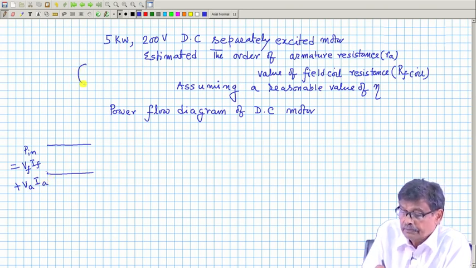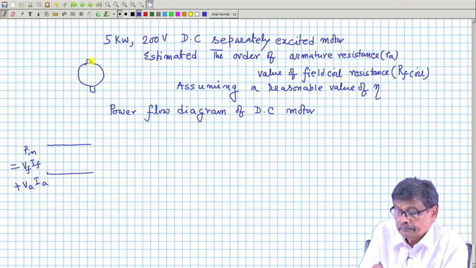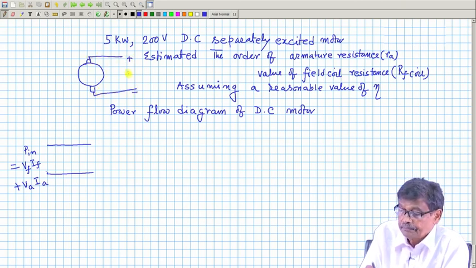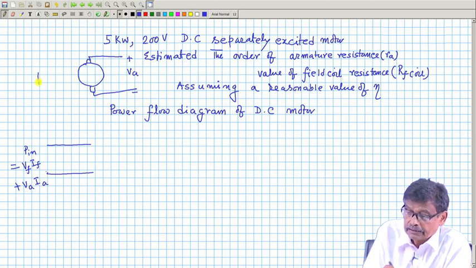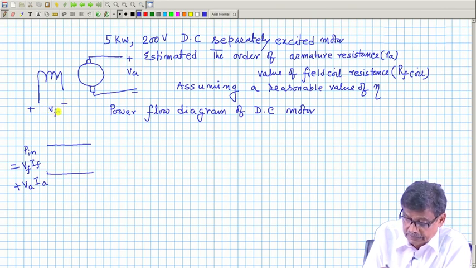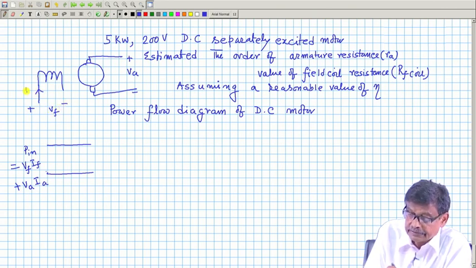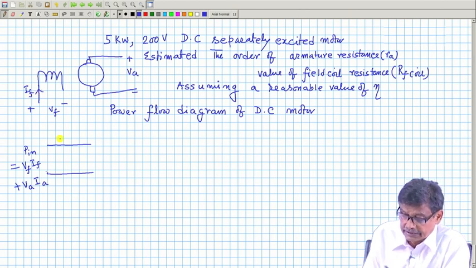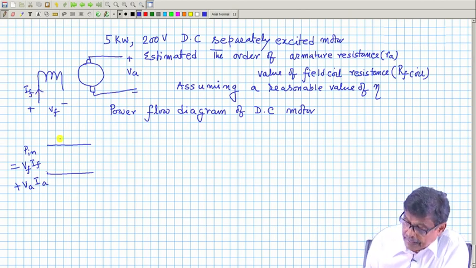Mind you, this is the circuit diagram. This is V_A, this is V_F and this is I_F. This is the total electrical input in the system.